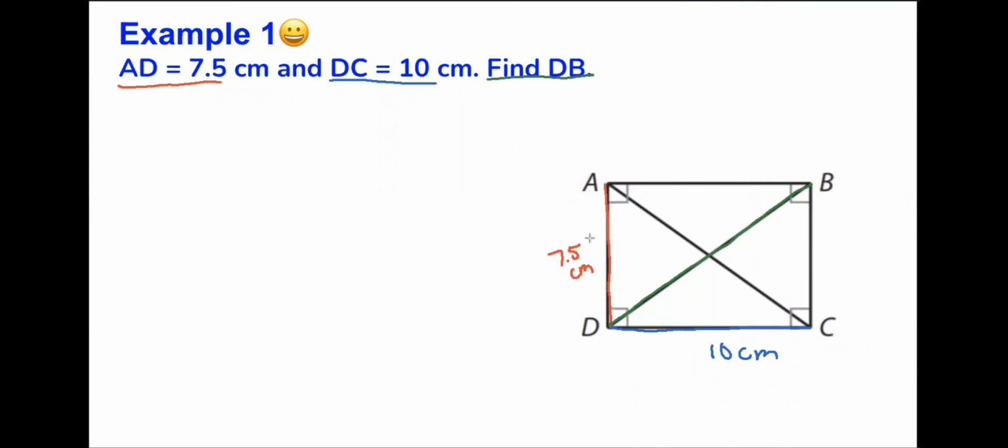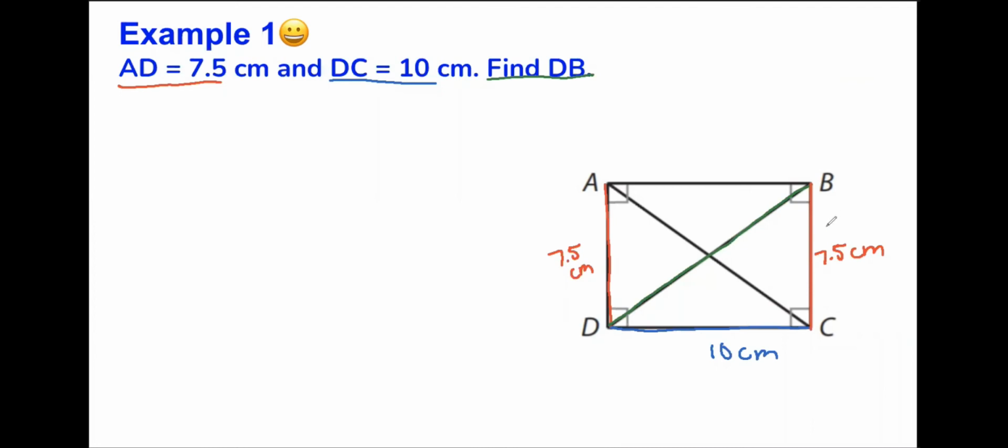We stated that opposite sides are going to be parallel and congruent to each other. So I'm going to apply it to BC. If AD measures 7.5 centimeters, BC will also measure 7.5 centimeters.